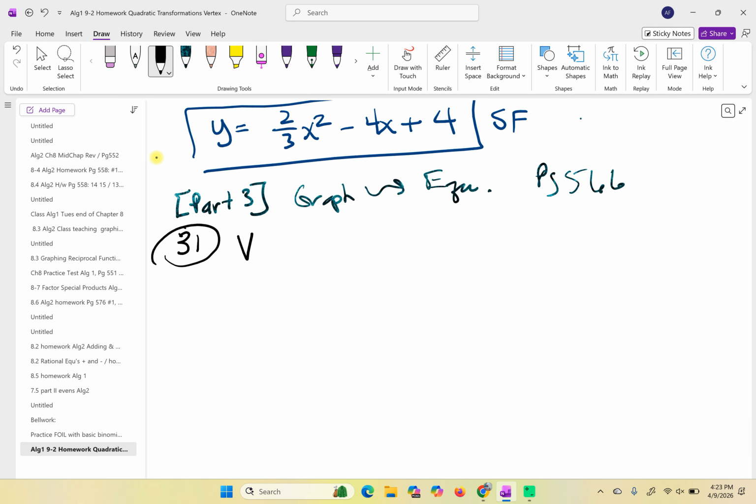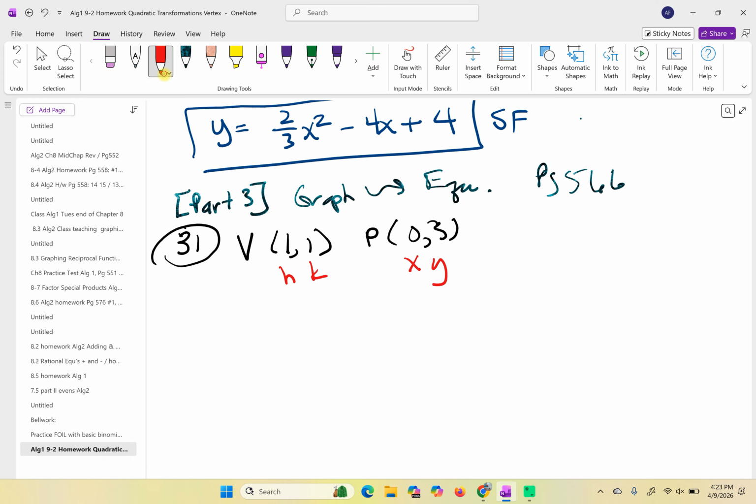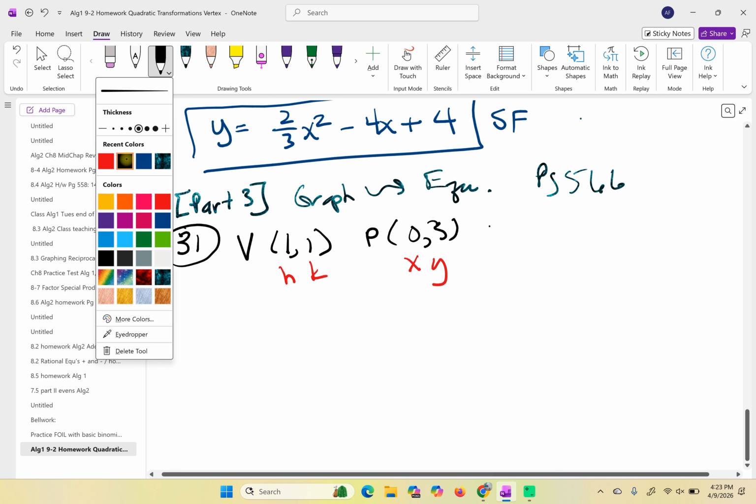Looking at the graph, the vertex is at 1, 1, and a point. There are a couple of points to pick from. I chose 0, 3. And now this proceeds just like the other problems that we did.